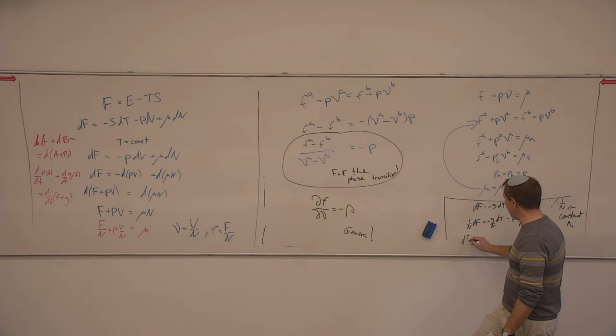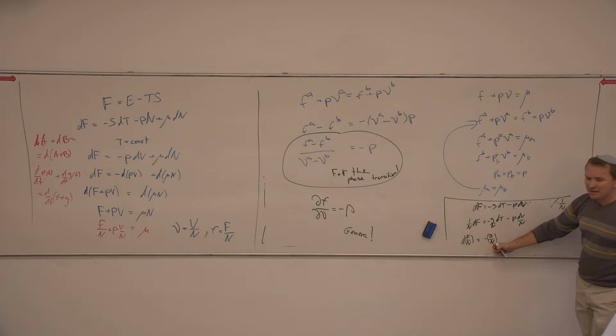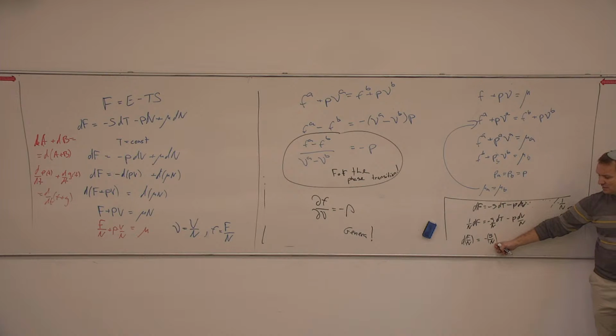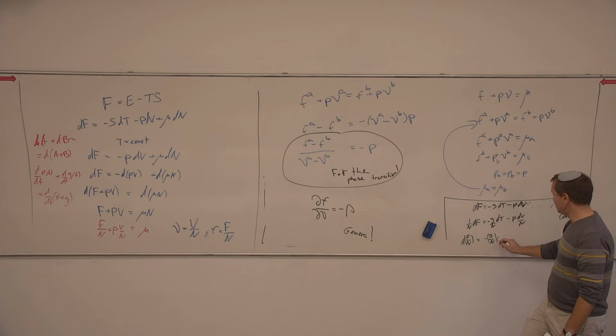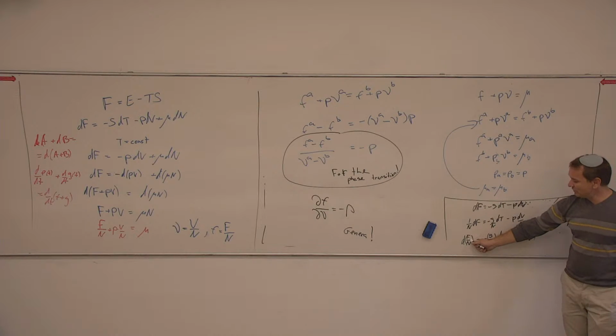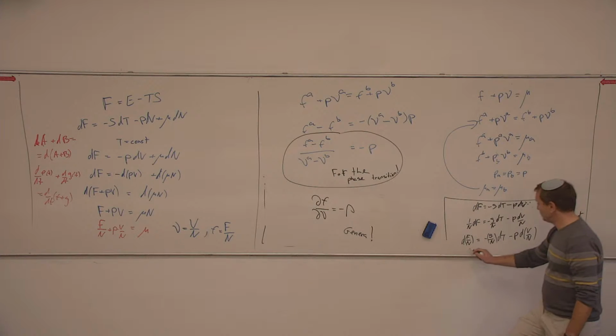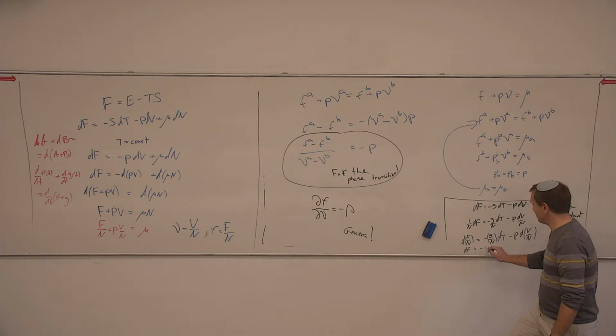So I have dF divided by N equals minus S divided by N dT minus P dV divided by N. I'm taking care only of the extensive variables. And F divided by N is small f, and V divided by N is small v.